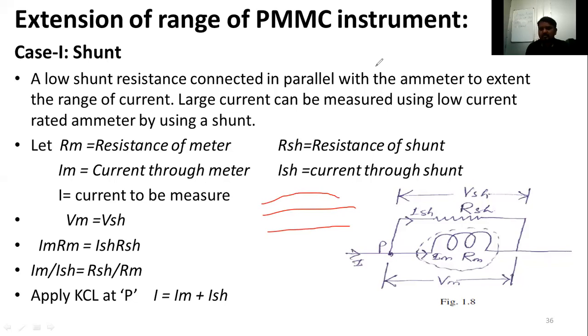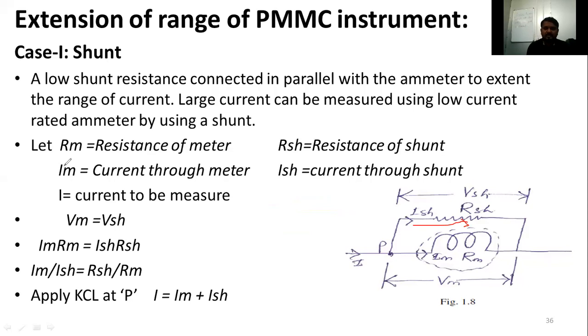The traffic bypasses the vehicles over there. Like that, we are bypassing the excess current by providing one more path, which has a lesser value of resistance. Less resistance means it will allow maximum current, it can take maximum current here now.